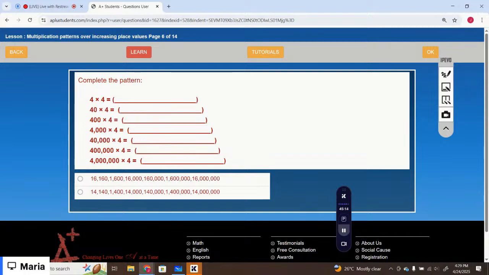Complete the pattern, which is the correct option? Option number 1 is the correct option.